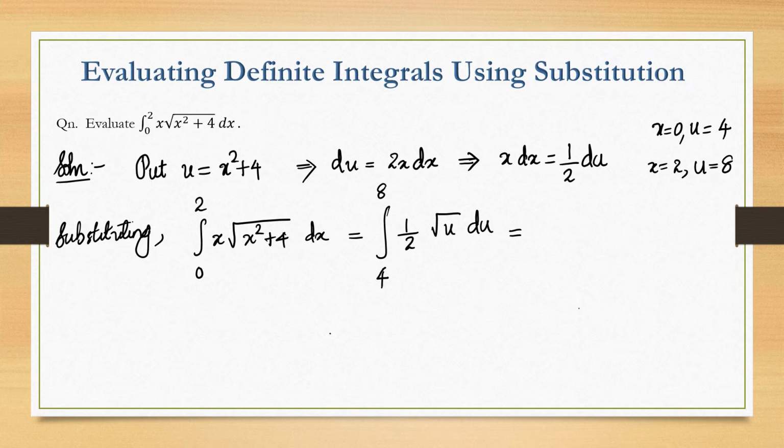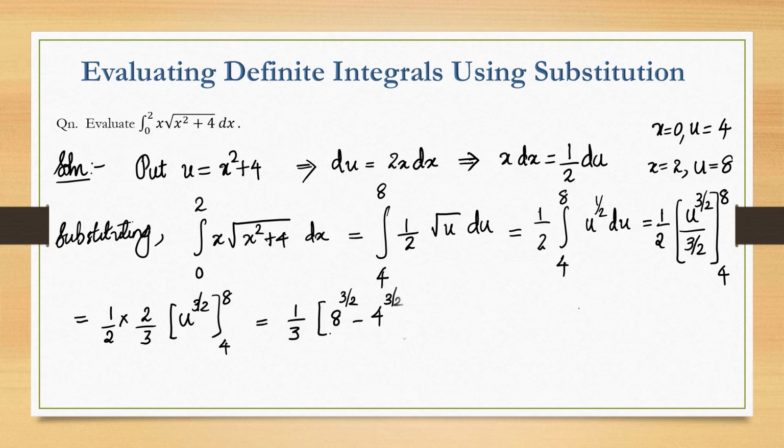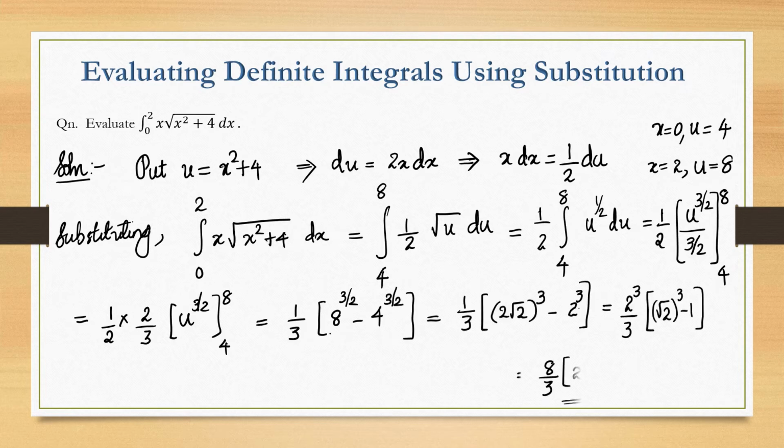We know the antiderivative of root u, which is u raised to 3 by 2 by 3 by 2, and by simplifying we obtain the final answer as 8 by 3 into 2 root 2 minus 1.